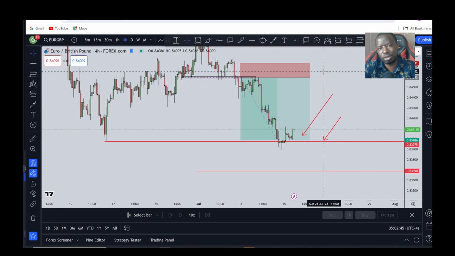Hopefully you learned a thing or two as far as understanding price movement from the higher time perspective down to the lower time frames. Remember, there's so many things that we look at when it comes to trading the market. First of all, we do a top-down analysis. We look at market structure from the higher time frame perspective.